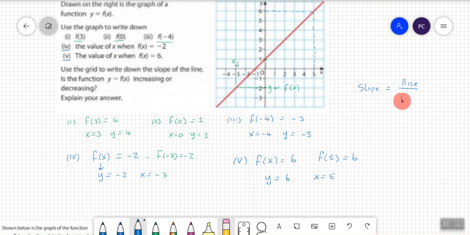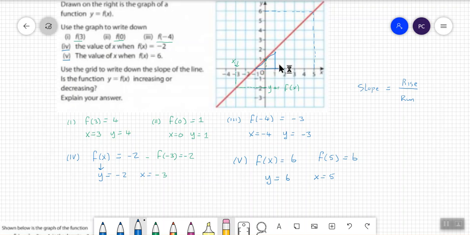So what we want to do is figure out what the rise is and what the run is. If we take, let's say, a section here, we can make just a triangle like this.